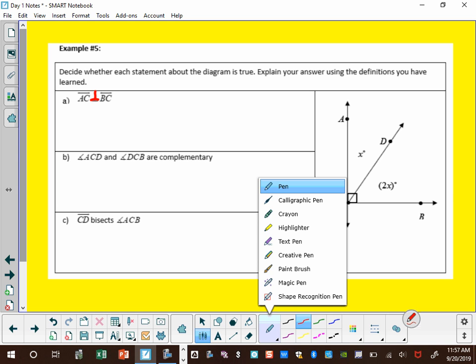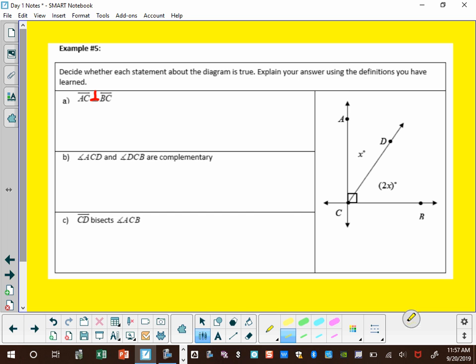In order for it to be perpendicular, it needs to create a right angle. So there's line AC. There's line BC. Are they perpendicular? Do they create a right angle? Yes. How do we know? This little box, this little square, tells me that it's a right angle. So my answer is going to be yes.